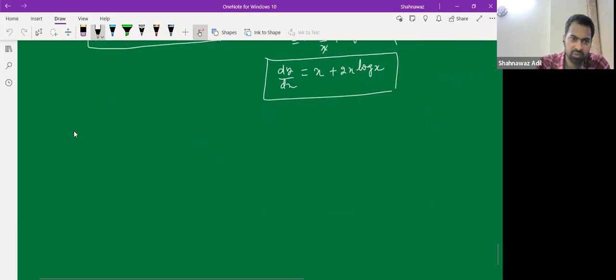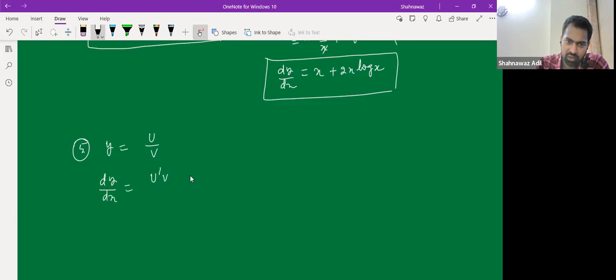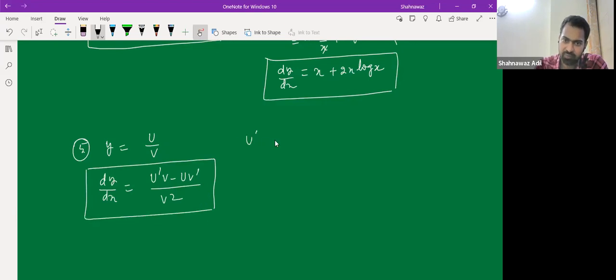And then you have this division rule, right? u by v. For the case of u by v, this is simply (u dash v minus u v dash) divided by v squared. And u dash is du by dx, and v dash is dv by dx.